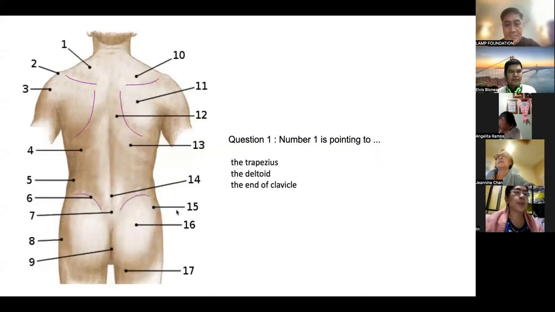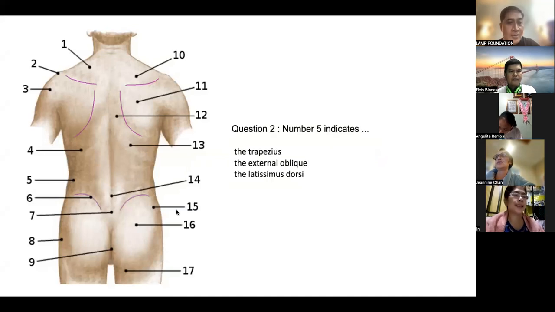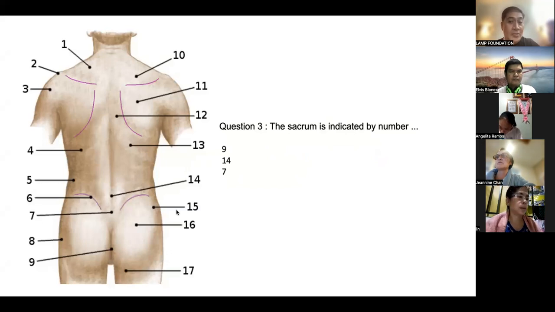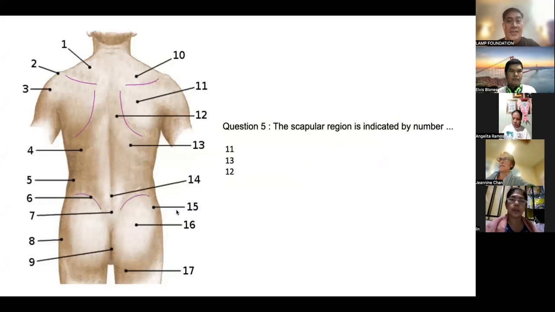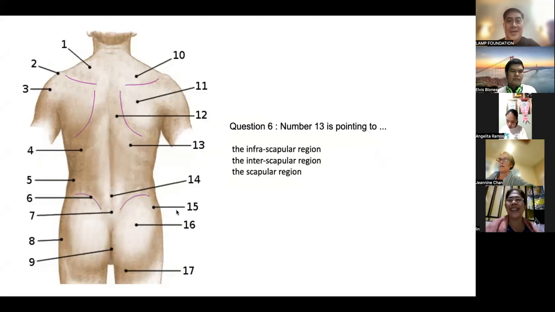Okay. Number 1 is pointing to what muscle? The trapezius. Number 5 indicates what? The external oblique. Now, the sacrum is indicated by what number? 7. Number 11 indicates what? The scapular region. The scapular region is indicated by number what? Number 11. Number 13 is pointing to what?